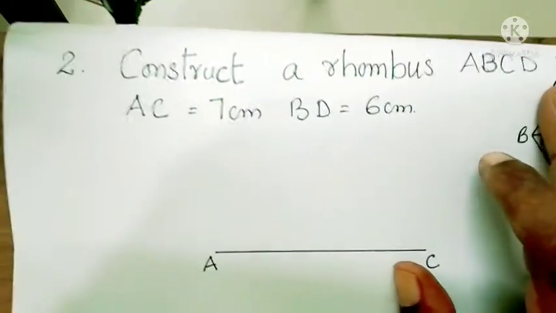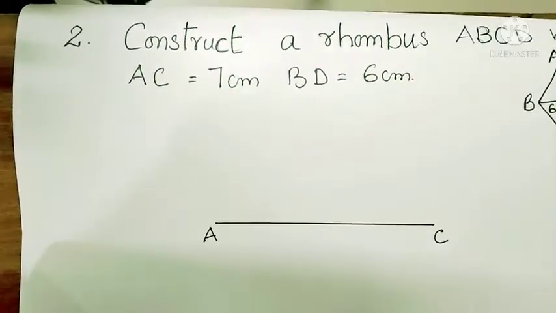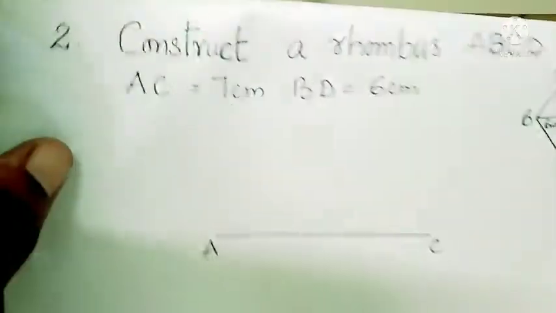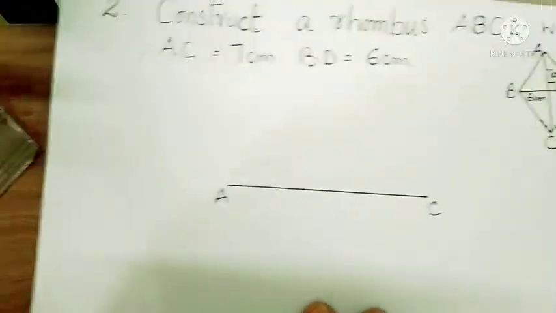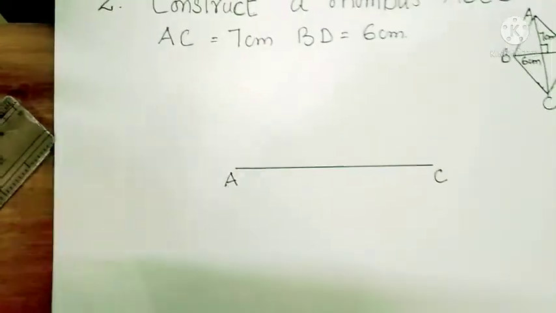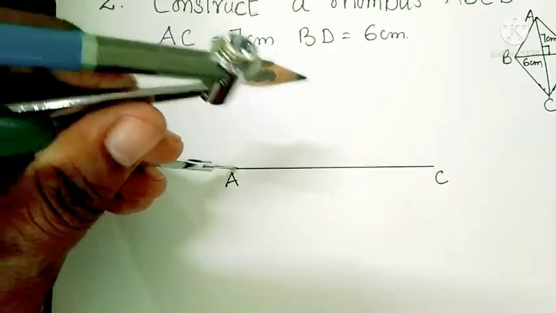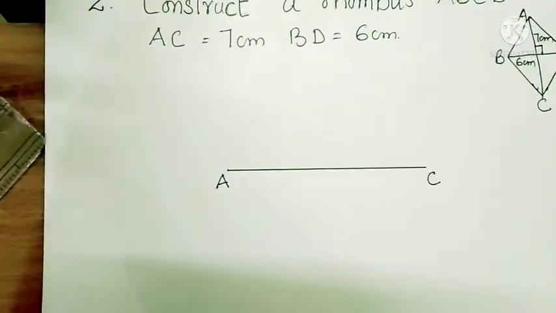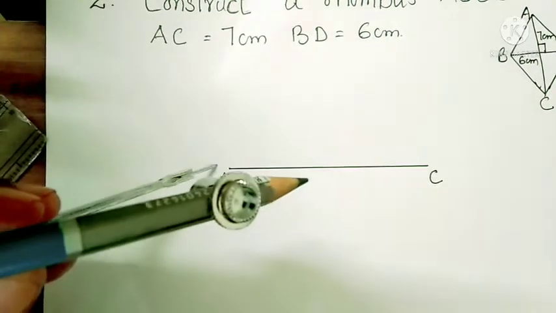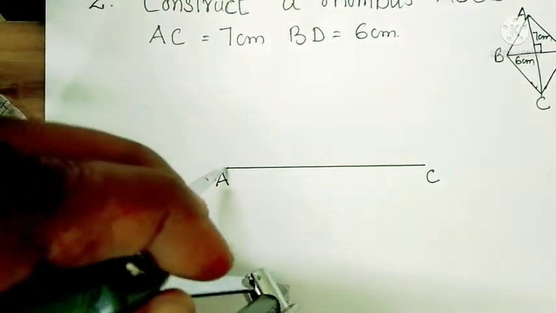Now we have to bisect it perpendicularly. How to bisect it perpendicularly? Let us see how to bisect this line segment perpendicularly. We have to take any measurement which is more than half of this length. Whatever is the total length, if you take exactly half, the arcs will not meet.